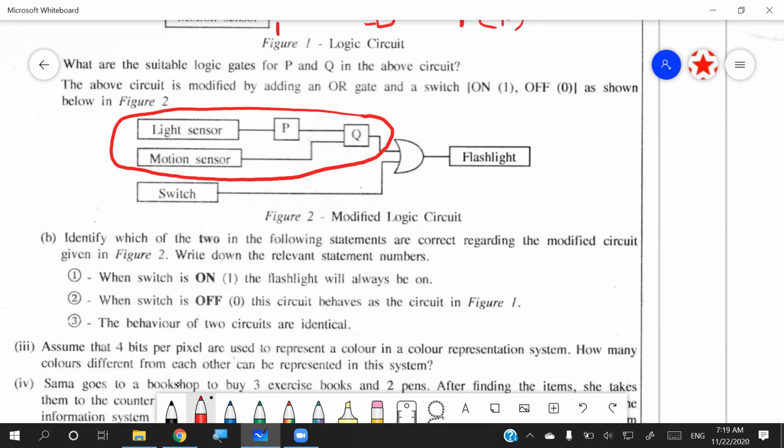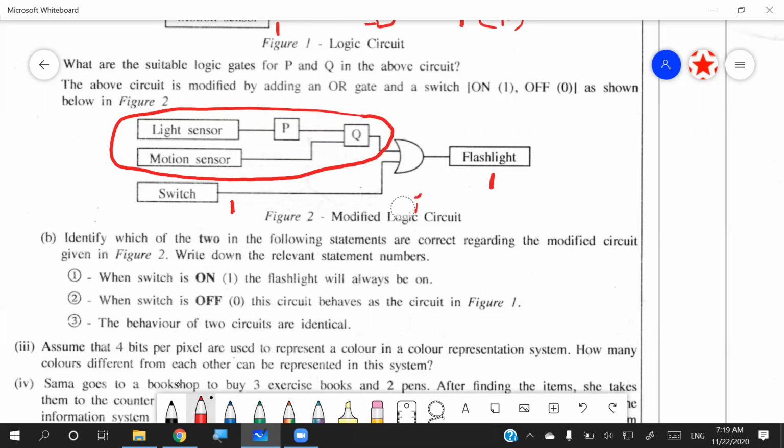Now to turn on the flashlight, it should receive 1. So we know through an OR gate, it will output 1 in 3 separate scenarios. Like when it is having 0 1, it is going to be 1, and 1 0, it is going to be 1, and 1 1, it is going to be 1. So turning on the switch will send a signal as 1.